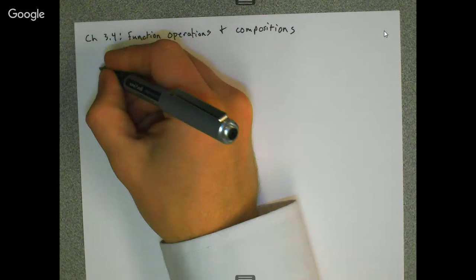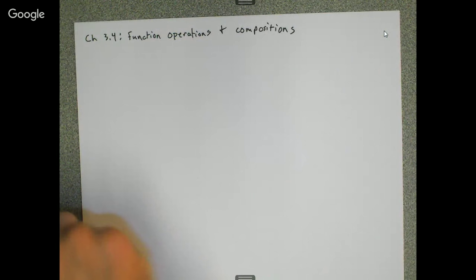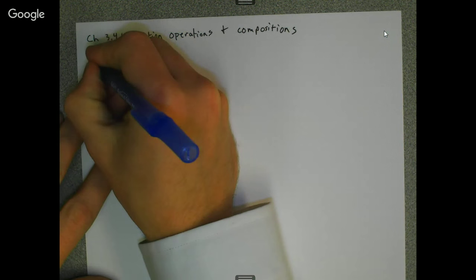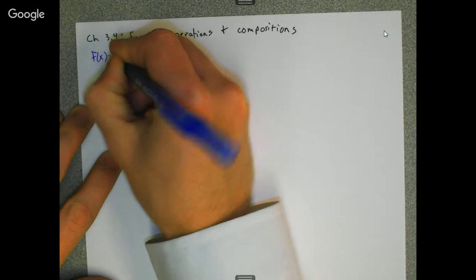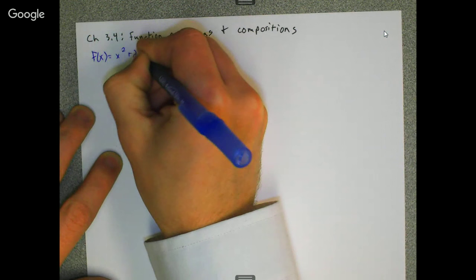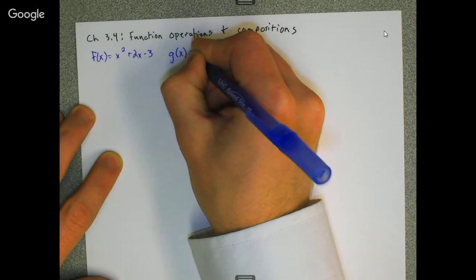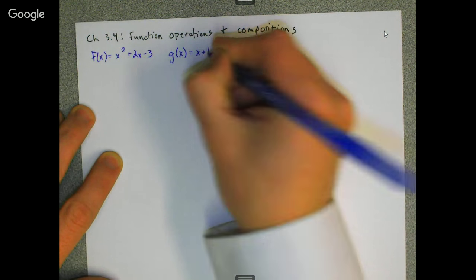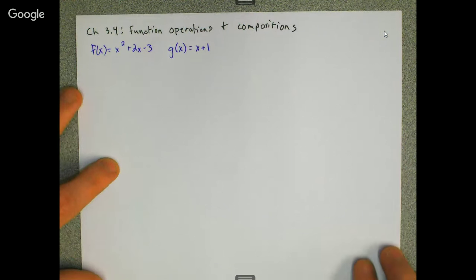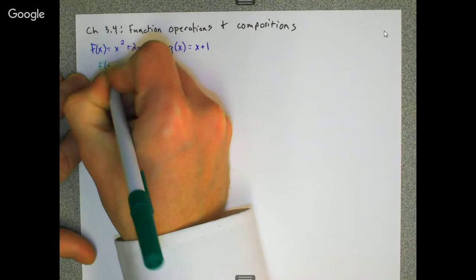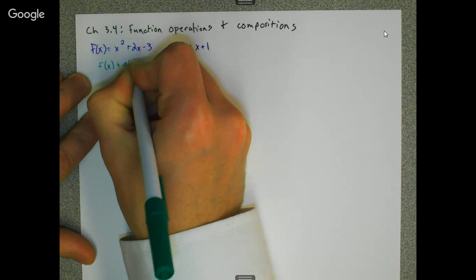Okay, so let's say I have two functions. Let's say I have f of x equals x squared plus 2x minus 3, and I have g of x equals x plus 1. Let's start with addition, f of x plus g of x.